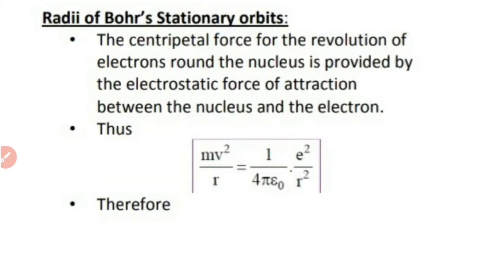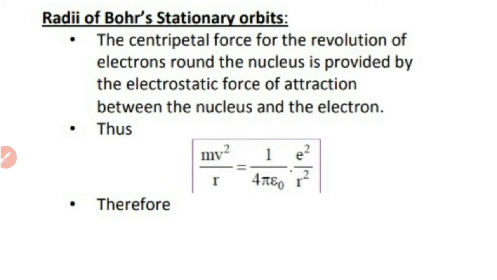Now we will discuss how to find the radii of Bohr's stationary orbits. Here we use the fundamental concept used by Rutherford himself, that is, the centripetal force for the revolution of electrons around the nucleus is provided by the electrostatic force of attraction between the nucleus and the electron.